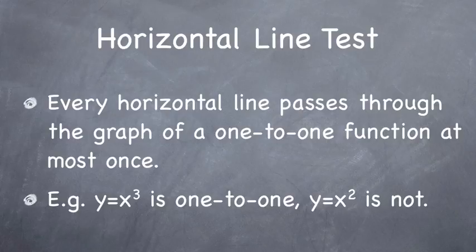The vertical line test was the test we used to determine if a given graph represents a function. The horizontal line test is what we will use to determine if a given graph represents a one-to-one function.